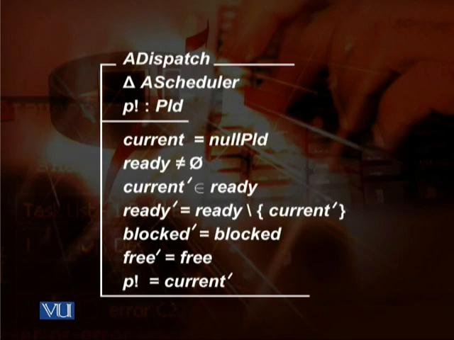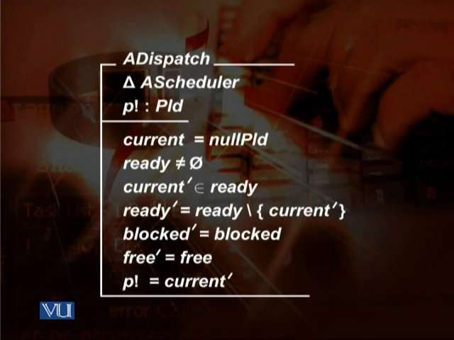Current is null PID, that is, there is nothing on the CPU. Ready is not empty, there is something that can be scheduled. A new current is a member of the ready, that is, we take one element from the ready and that will be assigned to current.